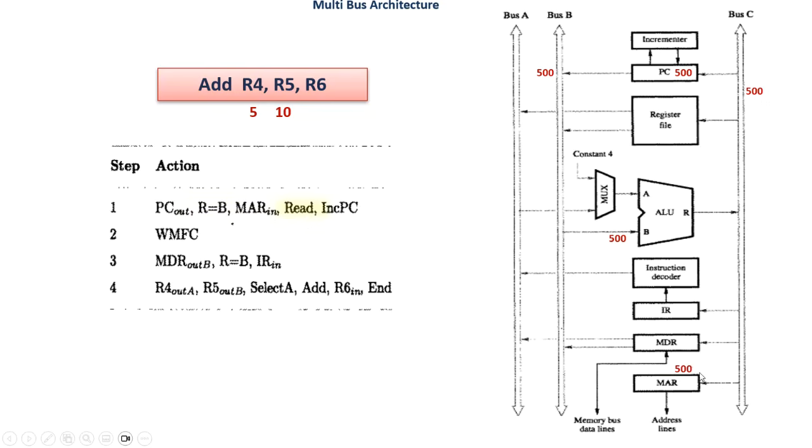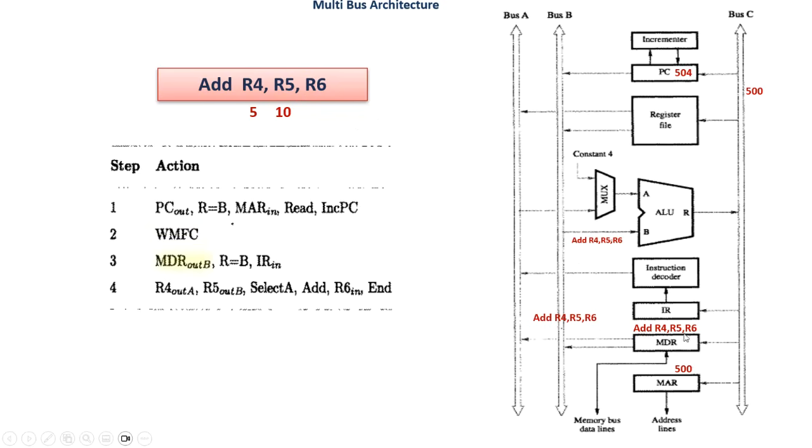That means the value present in location 500 of RAM, which is this instruction, can be read. It takes some time, so during that time the program counter is incremented. So the program counter value is incremented to the next instruction address. Then when you complete this, you can successfully read the data and store it into the MDR register. Now the instruction can be moved here.